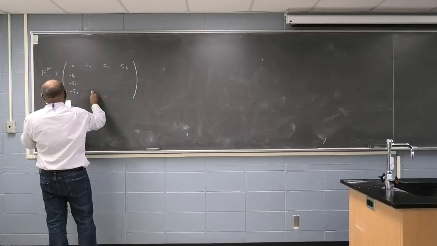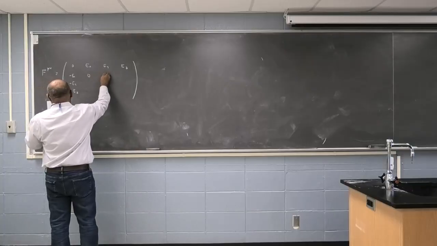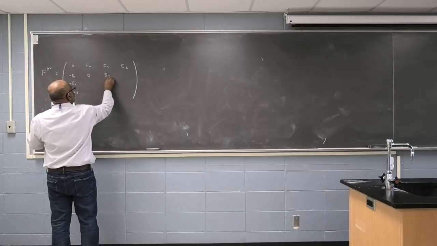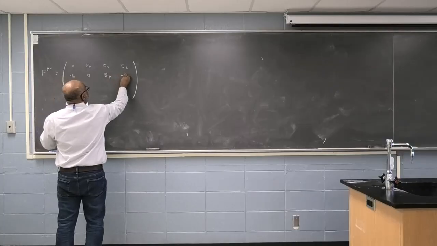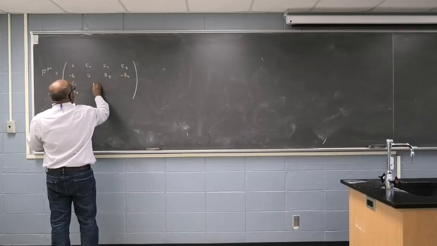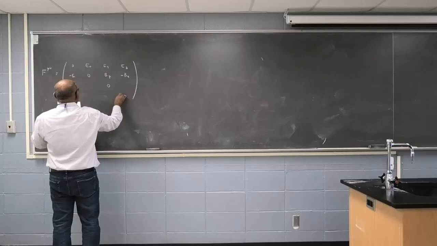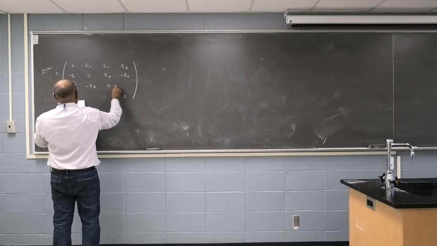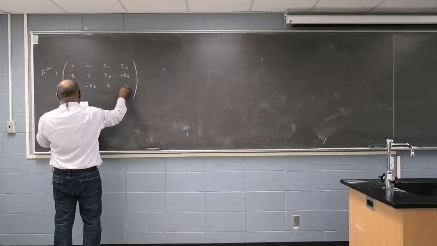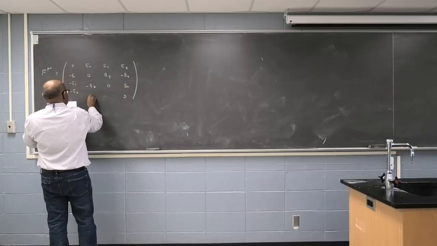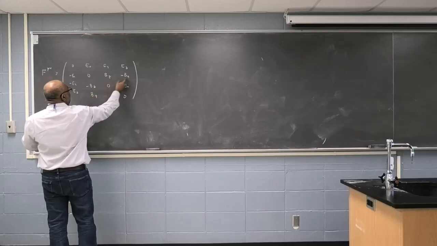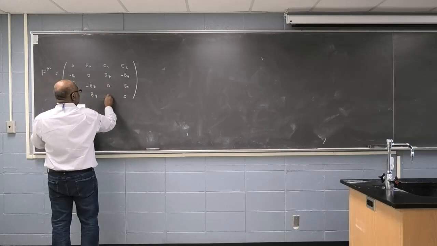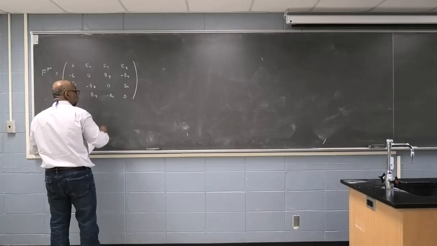And then 0, this is anti-symmetric, minus By, diagonal terms are 0, minus Bz, Bx, By, minus, and minus Bx. This is what I wrote.